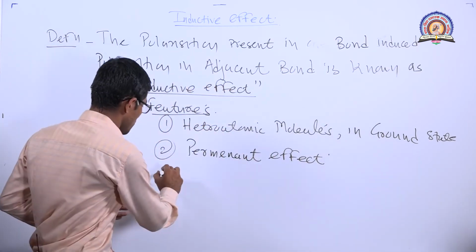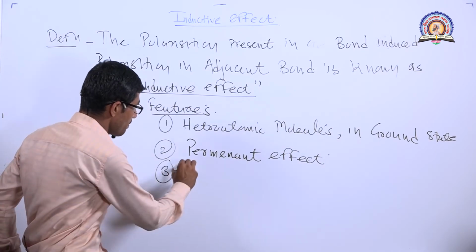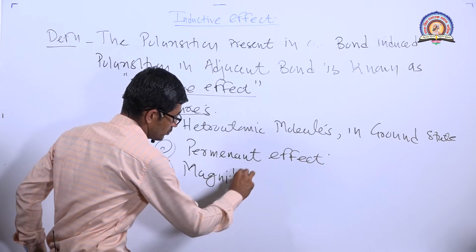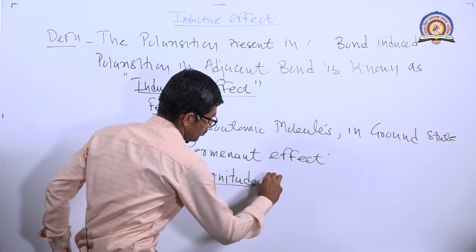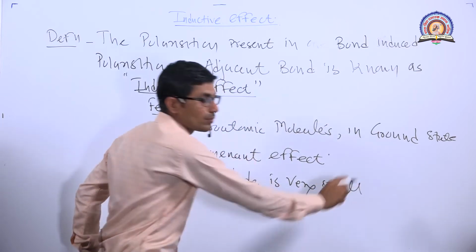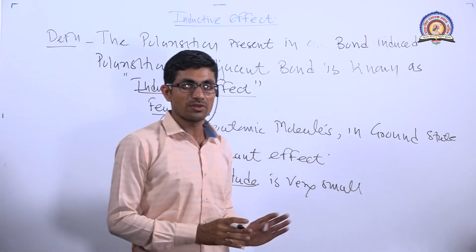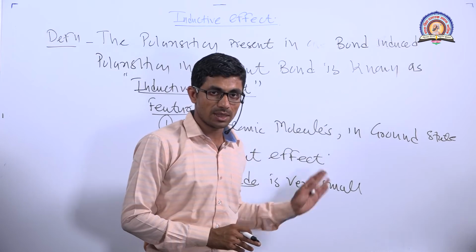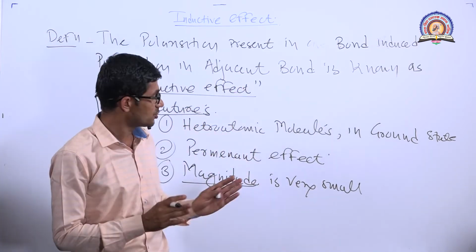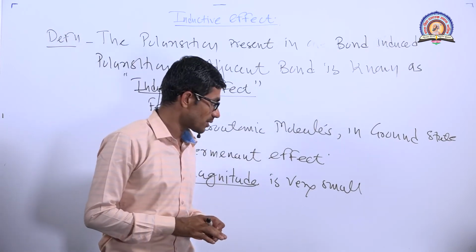Remember, the third salient feature is that the magnitude is small. This is the third important salient feature of this inductive effect.